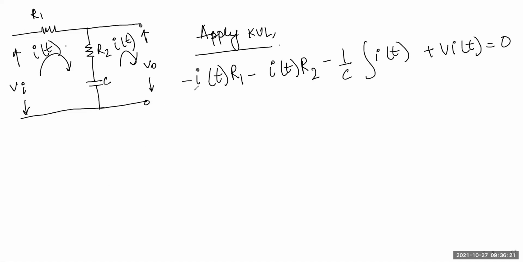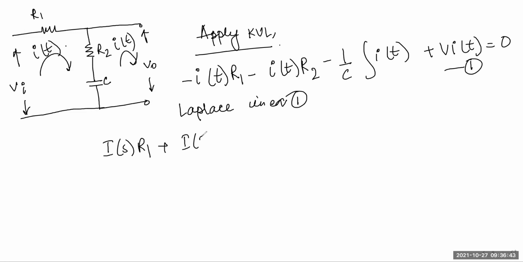This is my equation 1. Now I will apply Laplace in this particular equation, assuming initial conditions to be 0. Then we can write I(s) R1 plus I(s) R2 plus 1 by CS I(s), equal to VI(s).